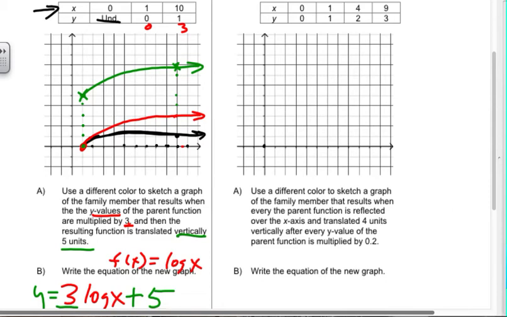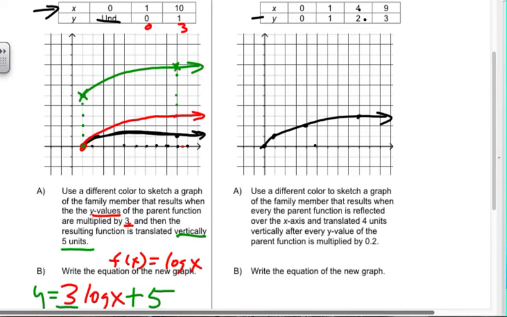So I've got 0, 0, which is this one. Then I've got 1, 1. And then I've got 4, 2. So 1, 2, 3, 4. And then I've got 9, 3. And there is my parent for the square root function.